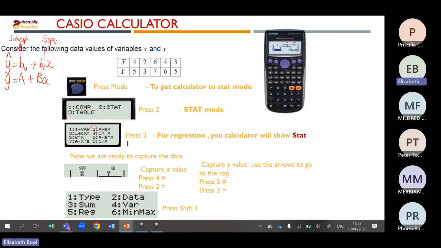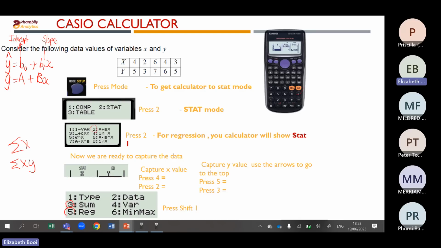Once you have pressed your AC button, you need to press Shift, and then you press button number 1. This menu will pop up where it says 1 Type, 2 Data, 3 Sum, 4 Var, and 5 Reg. You remember we had those summations, the sum of X, the sum of Y. You can find them if you press button number 3.